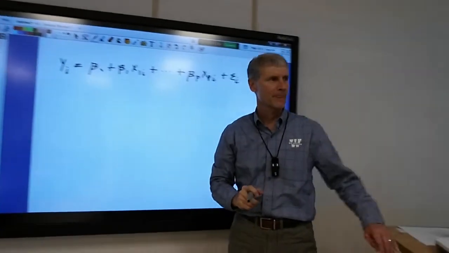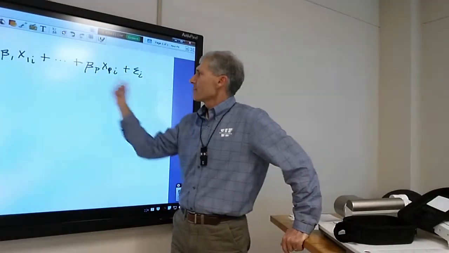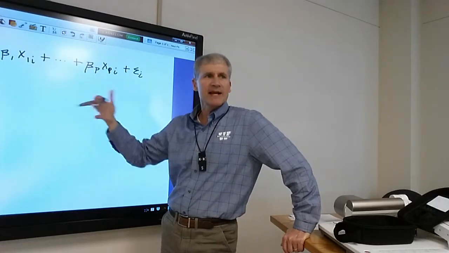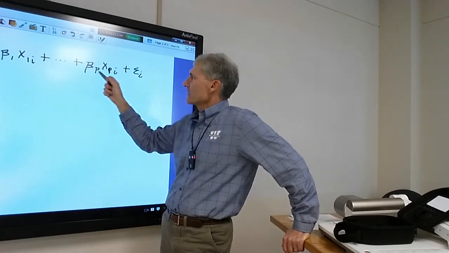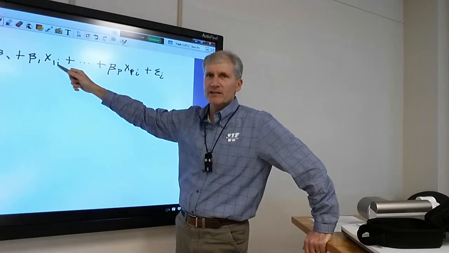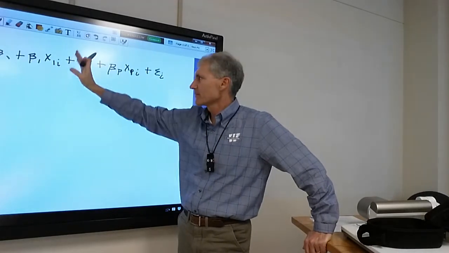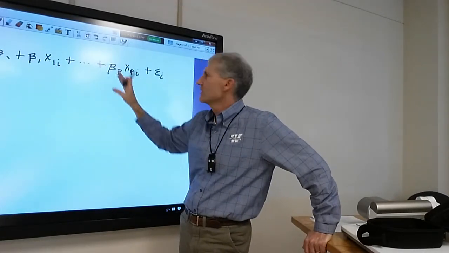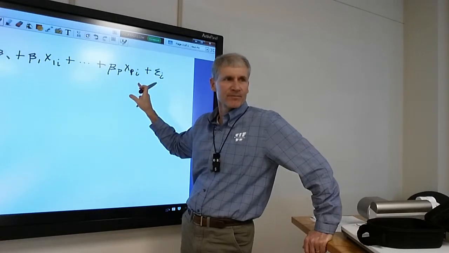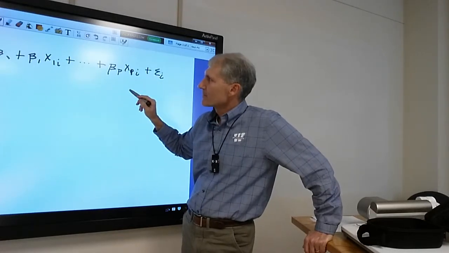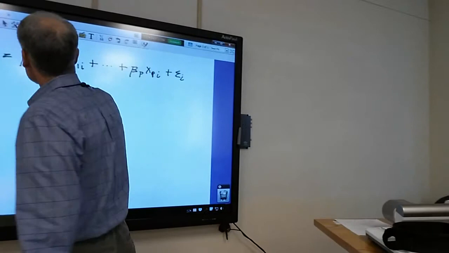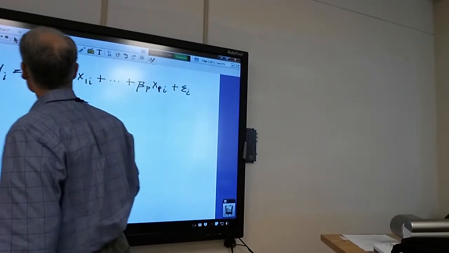So you've got multiple x variables, and the standard notation here is that the first subscript on the x is which x variable it is. So the first x variable, second x variable, the pth x variable.